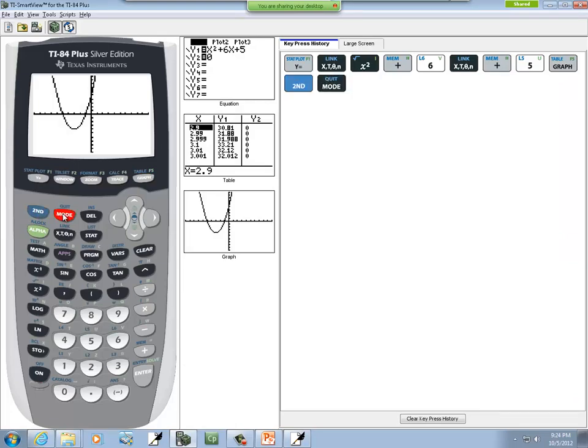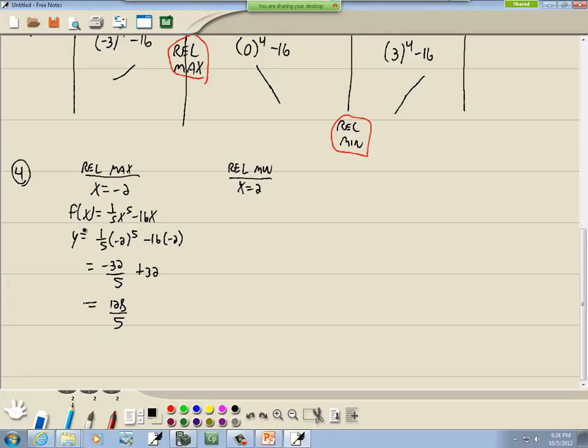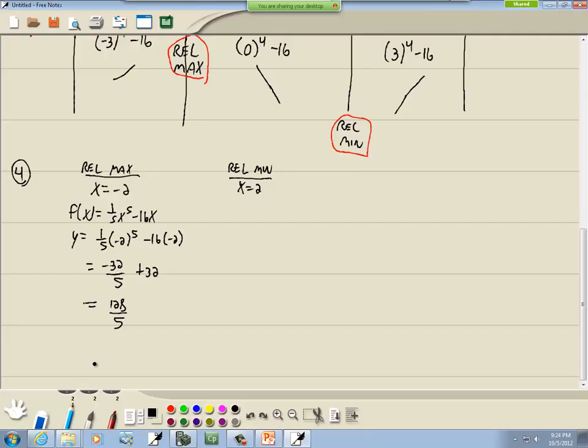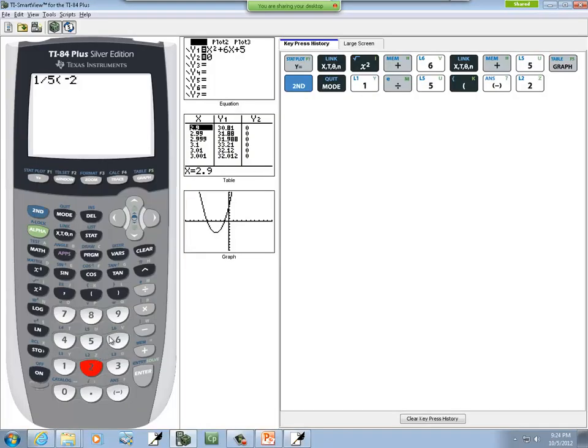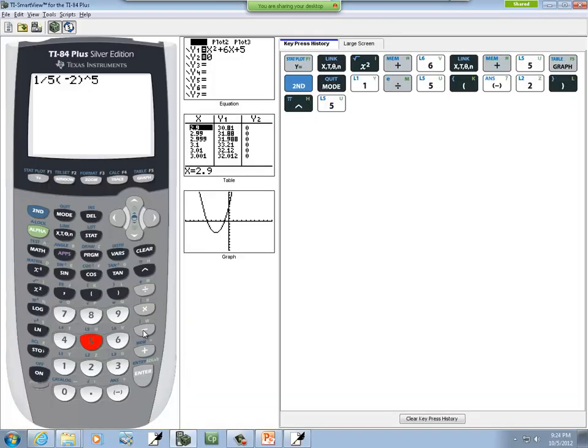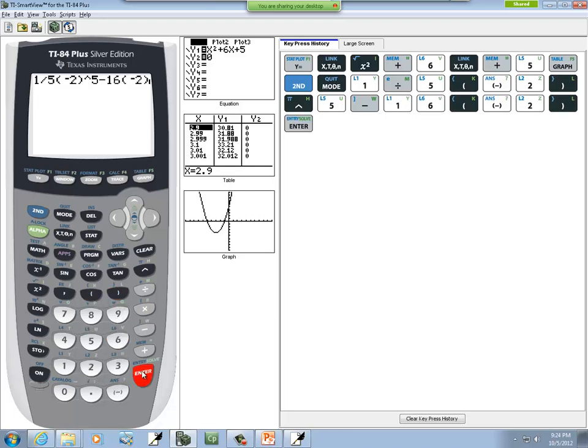I'm going to do a second mode to exit out our graph mode. Now I'm going to put in 1/5 beginning parentheses. I think it was negative 2, wasn't it? Negative 2 to the 5th. So closing parentheses, caret 5 minus 16 beginning parentheses, negative 2, closing parentheses, enter.